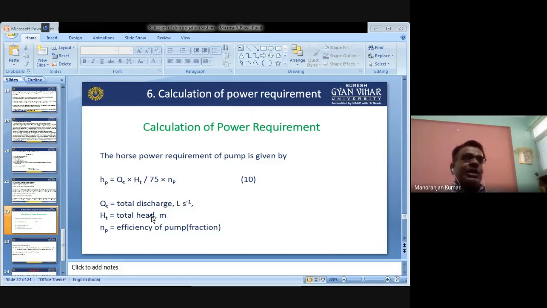HT is the total head, means head loss in the emitter plus head loss in lateral plus head loss in submain plus head loss in main line plus head loss in filter. Okay, so all these head losses you have to add.